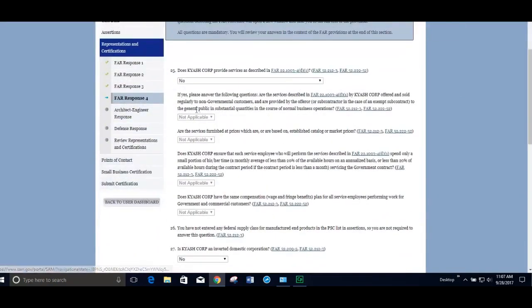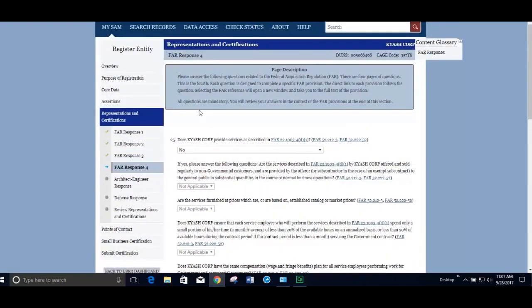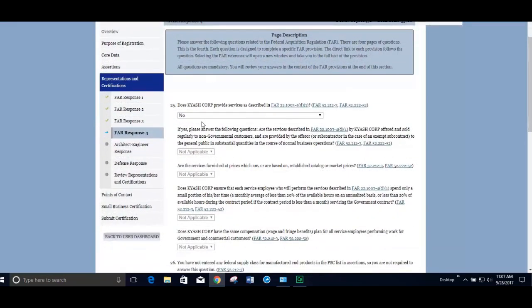Okay, we're at FAR response 4. Does Kayash provide services as described in FAR 22.1003? I cannot remember what those are, but the first time I did this, I had to open up each one of these FAR regulations to make sure they didn't apply to us.